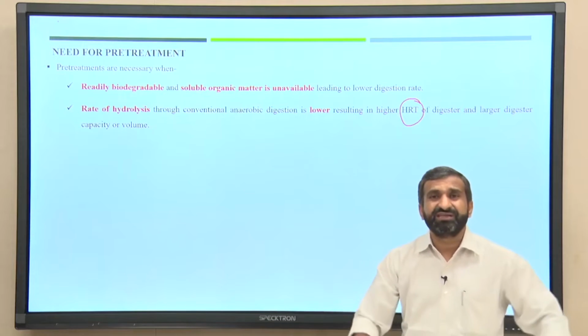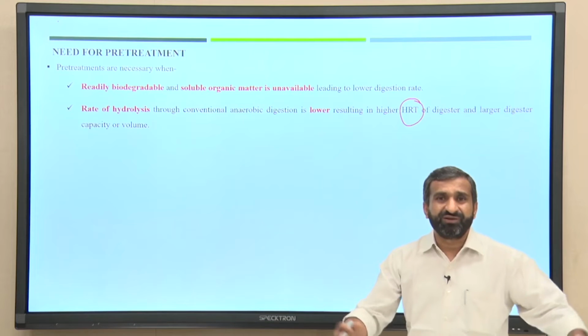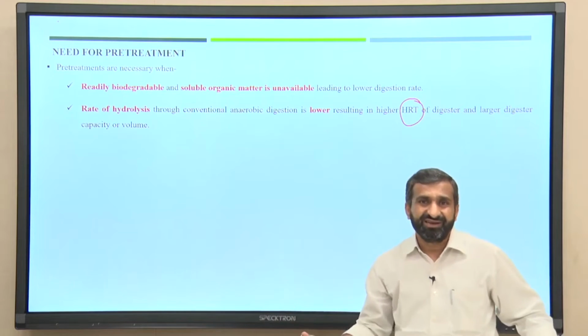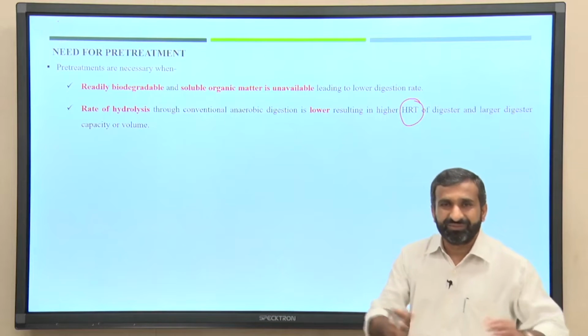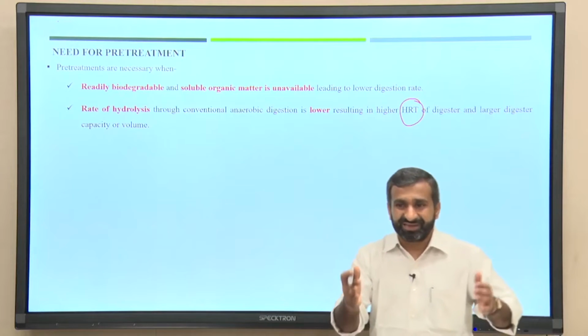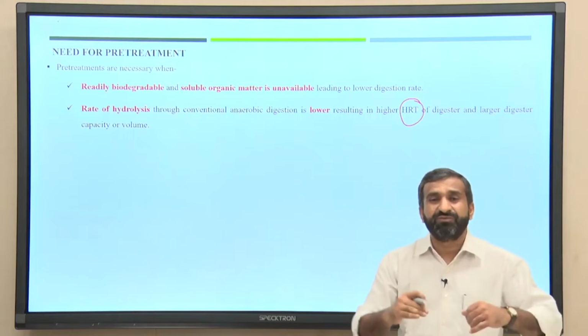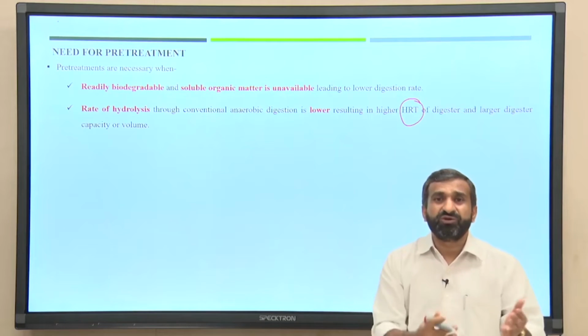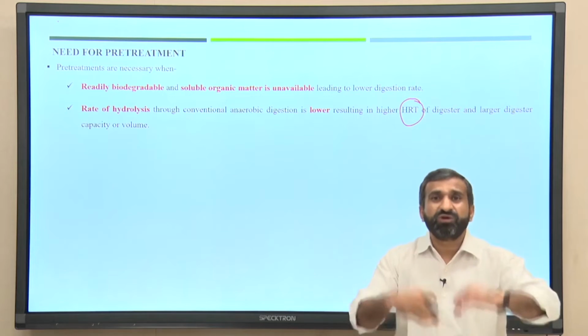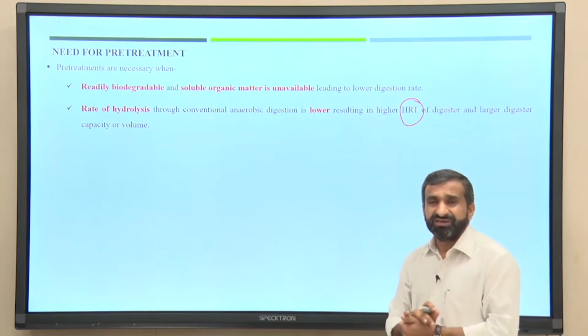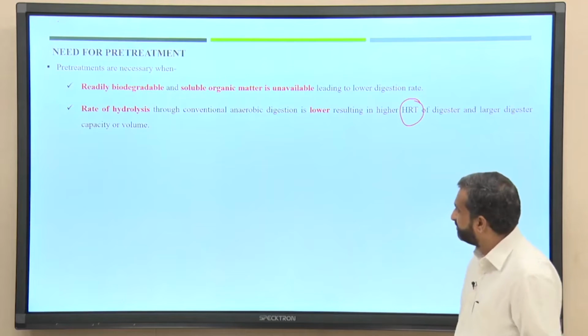If HRT is high, obviously you will require a larger volume of the digester, and if HRT is lowered, obviously in a small reactor or small digester volume, you will be able to feed more substrate as well as produce more methane.